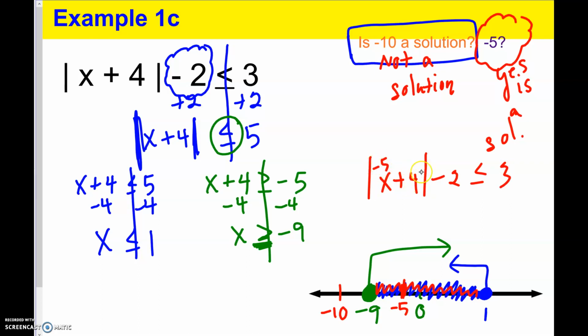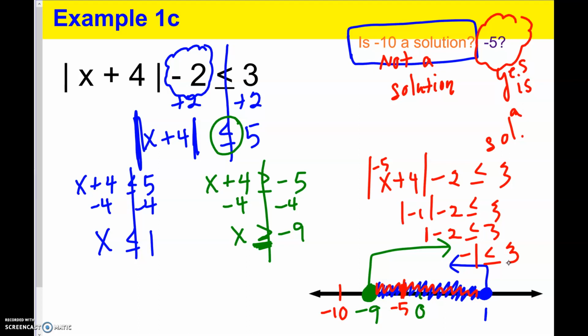Negative 5 plus 4 is a negative 1, and the absolute value of negative 1 is 1. 1 minus 2 is a negative 1. Is negative 1 less than or equal to 3? Is negative 1 smaller than 3? And the answer is yes, so it is a solution.